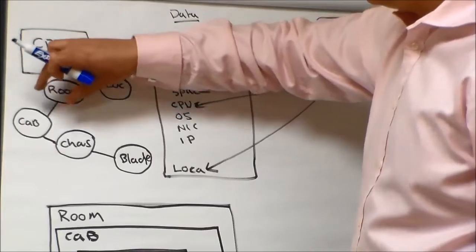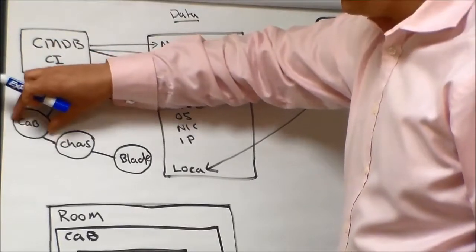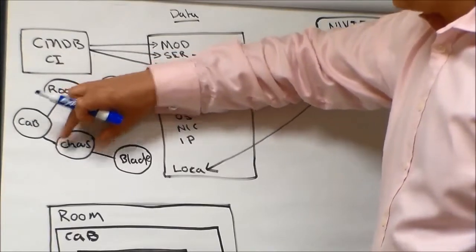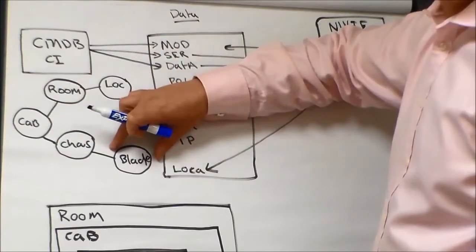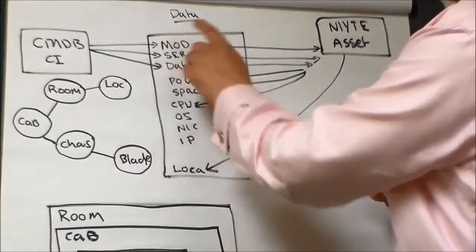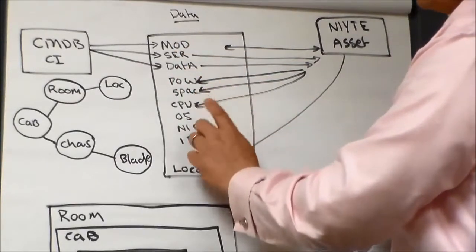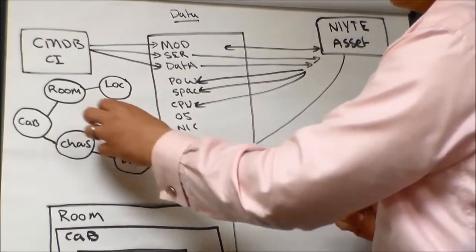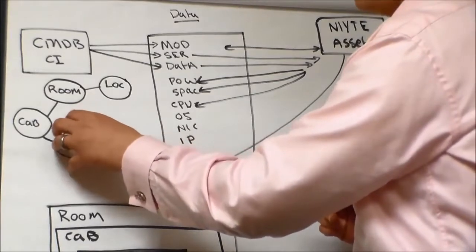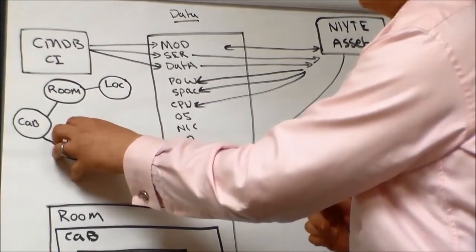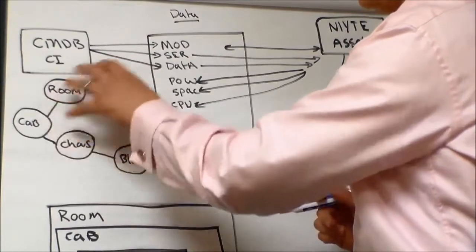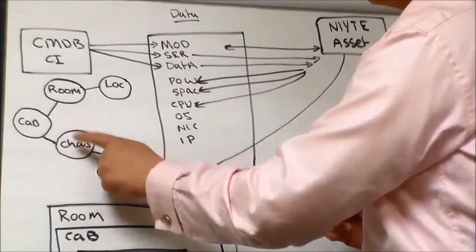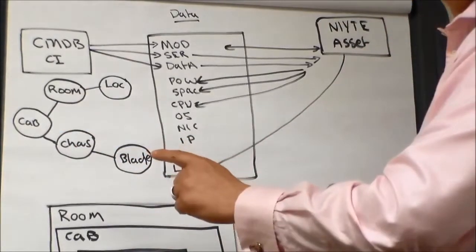Location, room, cab, potentially it's in this cab, it's inside this chassis, and it's this chassis that has this blade sitting inside it. It will know things like the model, the type, the serial number, the power, the size of the blade, the type of blade, and the size of the chassis. So it'll have this is connected to this is connected to this is connected to this, and that's what it will have.